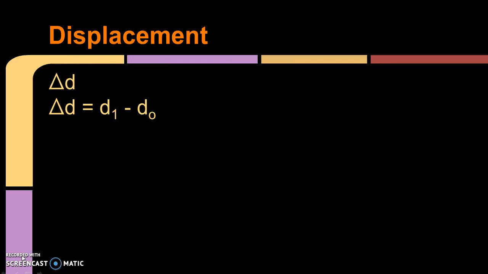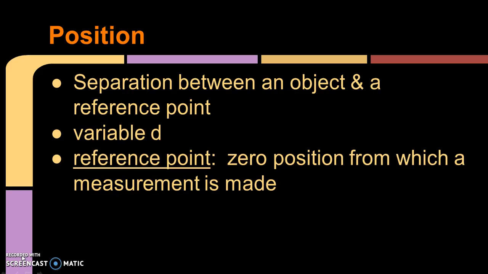Here we see the notation for the change in distance. Delta D equals D1 minus D naught. Very similar to our time notation. Separation between an object and a reference point is position, using the variable D. The reference point is the zero position from which a measurement is made. We must acknowledge that the displacement of an object is only in relation to its original point.